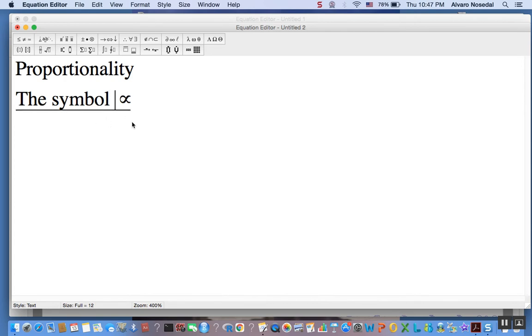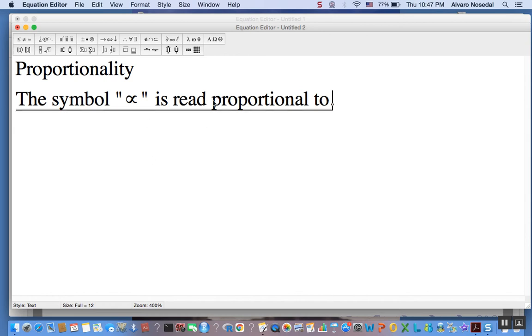That symbol is read "proportional to." Okay? So, let me use that proportionality symbol to summarize what we did.